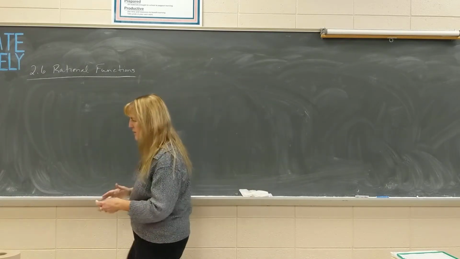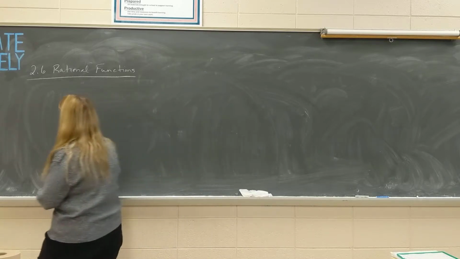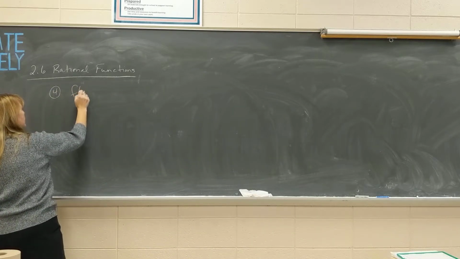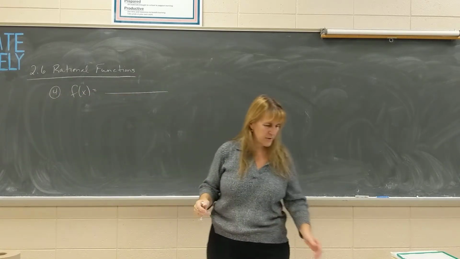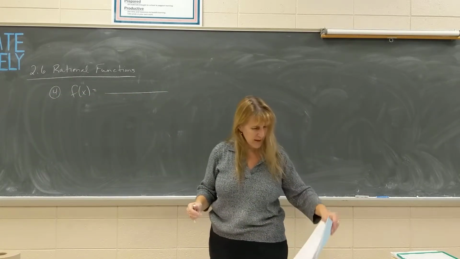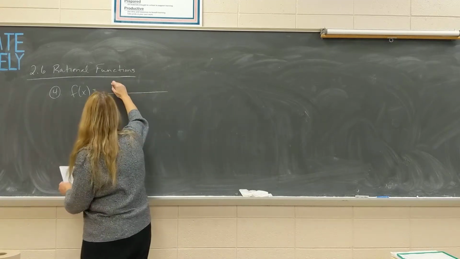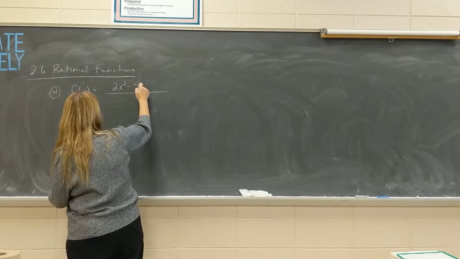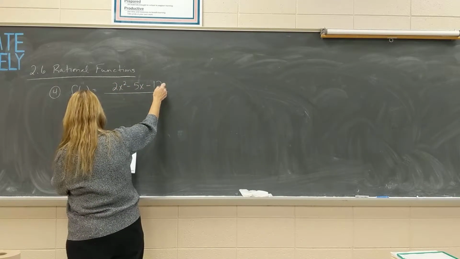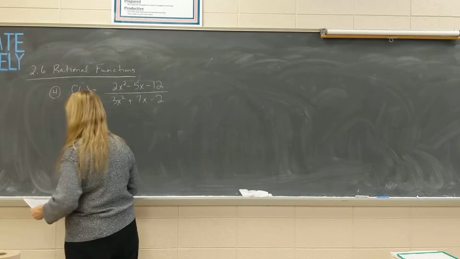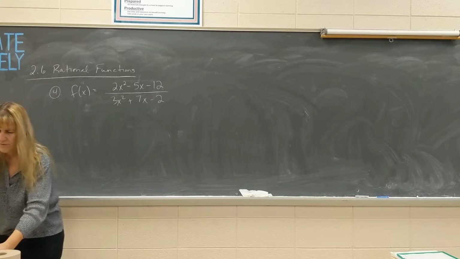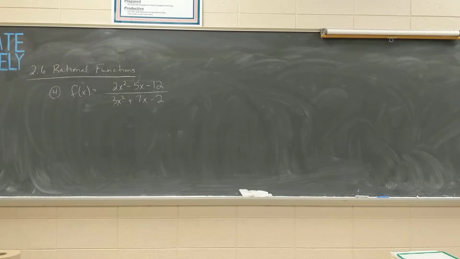Question 4 is the hardest one on this worksheet, because Gina in her ultimate wisdom copied something wrong. That's okay, we're just going to do it the way it is. It's 2x squared minus 5x minus 12 over 3x squared plus 7x minus 2. This is question 4, and I'm going to pass these out so you can see what's coming at you.